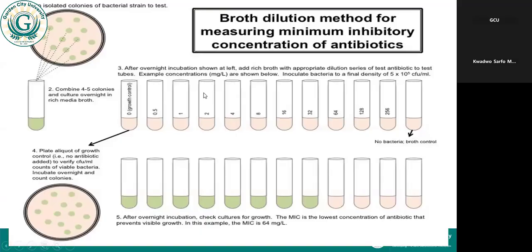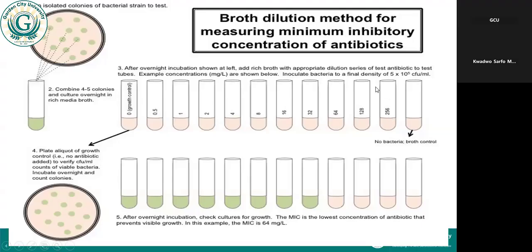Then they prepare different concentrations of the antibiotic. So here you have 0.5 milligrams per liter, 1 milligram per liter, 2 milligrams per liter, 4 milligrams per liter, up to 256 milligrams per liter.